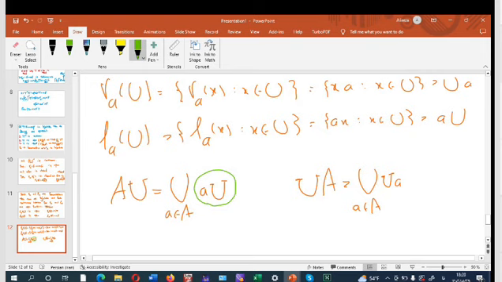We know that any arbitrary union of open sets is an open set. Since these two are open sets, its union must be open, okay? And this union must be open.